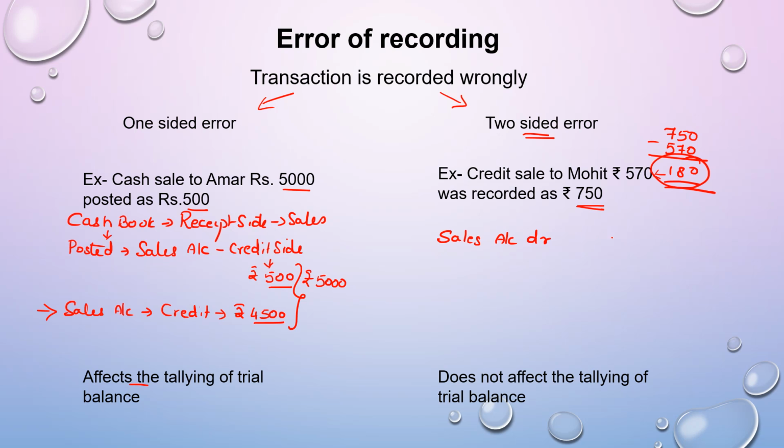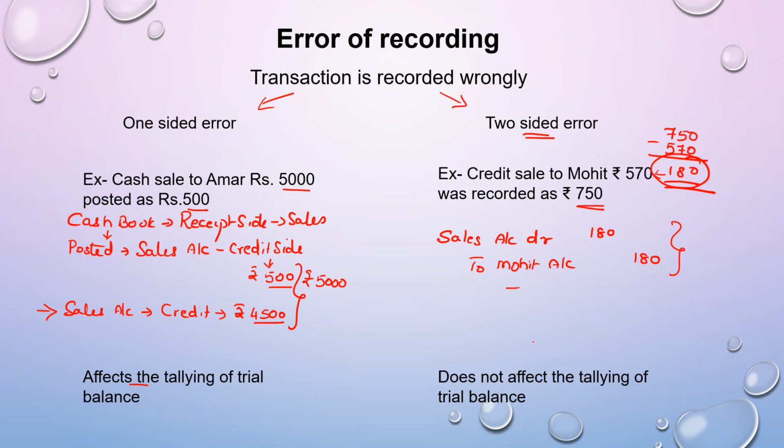Sales account debit 180 would bring down the sales account balance from 750 to 570. And Mohit account was debited with 750, to be reduced to 570, so we will credit Mohit account with 180, so it gets reduced. In this way, by passing a journal entry, you can rectify two-sided errors.